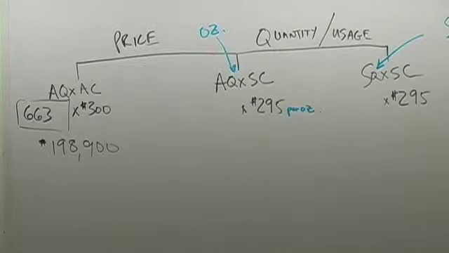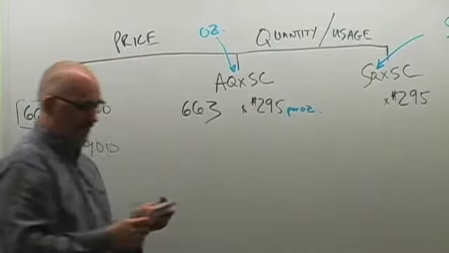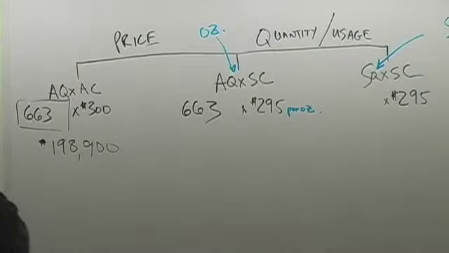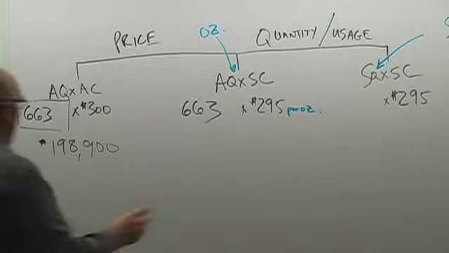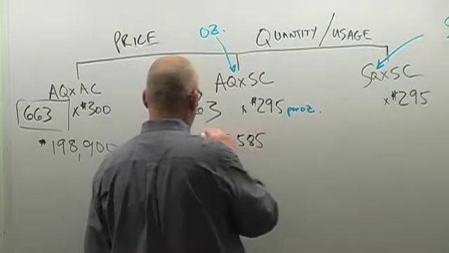And so Anthony, 663, is it going anywhere else? Yeah, awesome, man. Joe, do you have that calculated in the center? Do you have to borrow her calculator? I got 195,585.